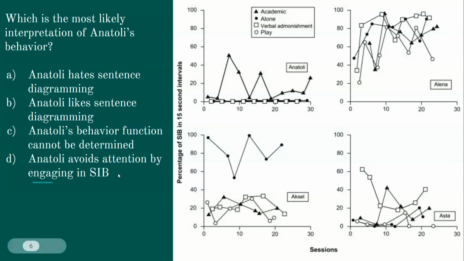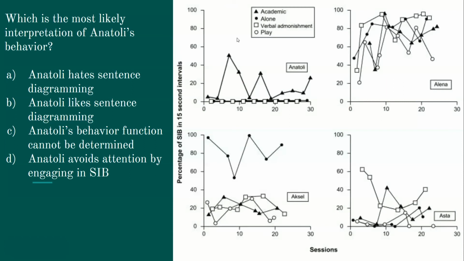The way that D could work is if they are providing too much attention in this academic task. So when he engages in SIB, they're removing the academic task, but maybe they're doing it wrong and giving him too much attention at that moment. But that's kind of an assumption on my part, that maybe he's trying to just escape any attention that they're giving him.